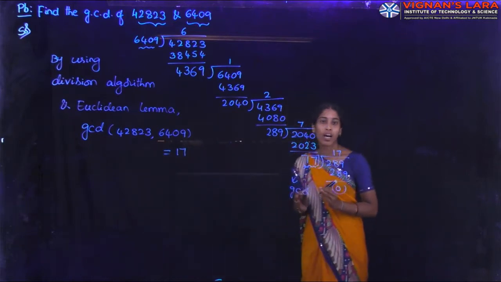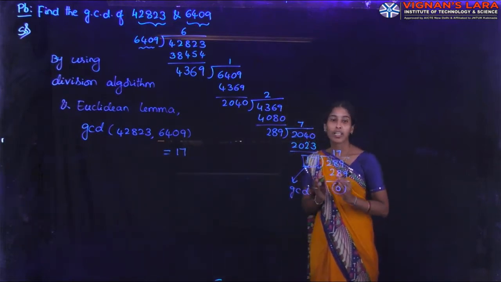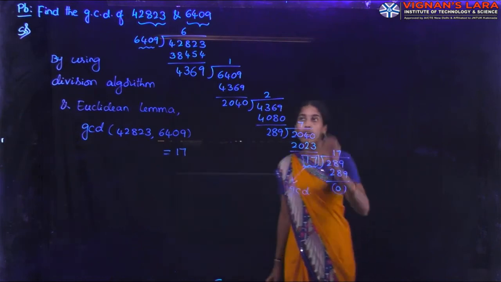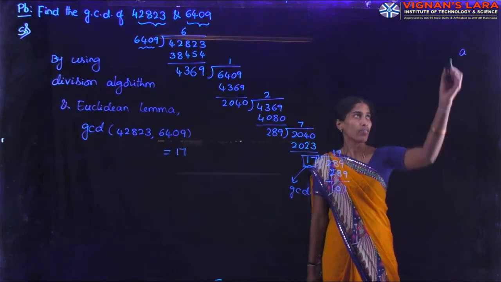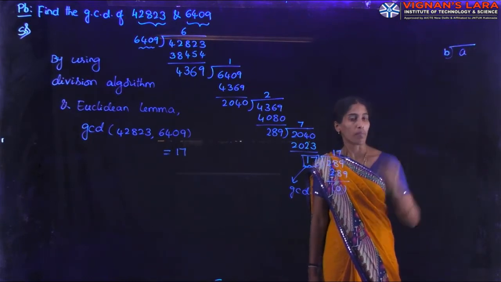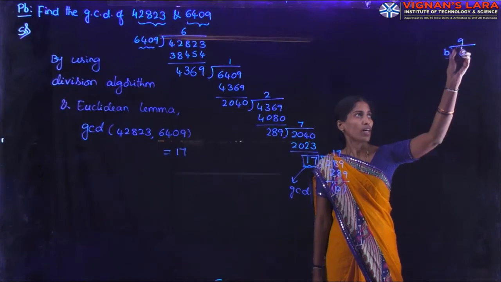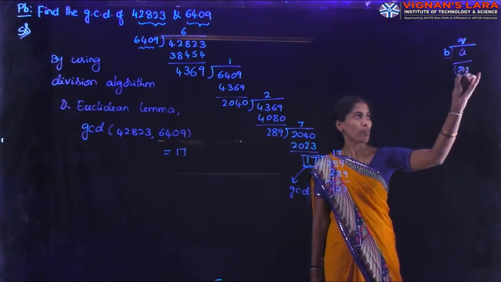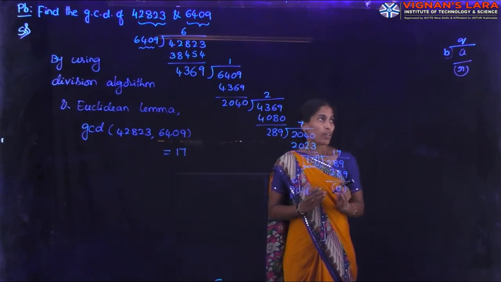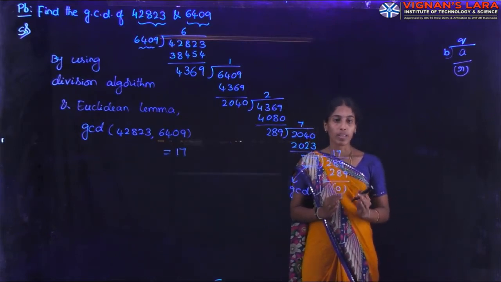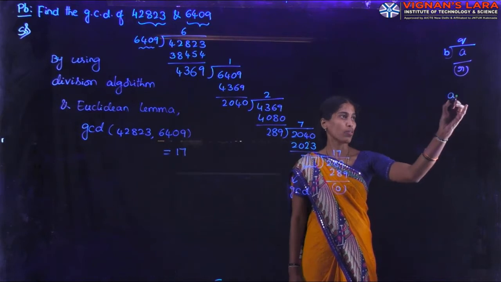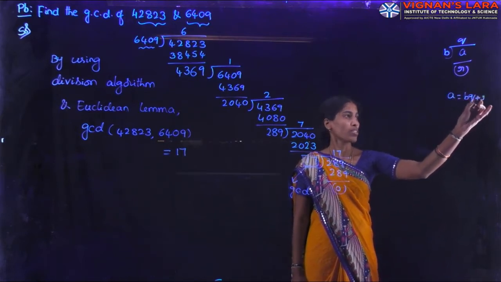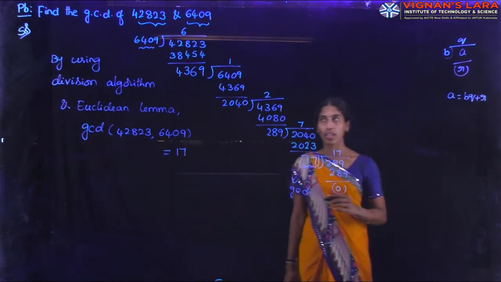Suppose they ask, using division algorithm express these. What is the division algorithm technique? If A is the dividend, B is the divisor, Q is the quotient, and R is the remainder. It means that if we have two integers A and B, and we divide A by B, there exist unique integers Q and R such that A is equal to BQ plus R. This is the statement of division algorithm, right?